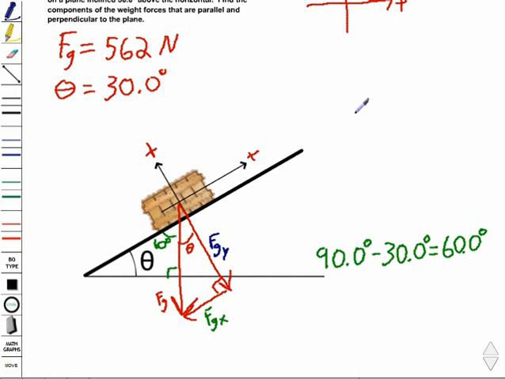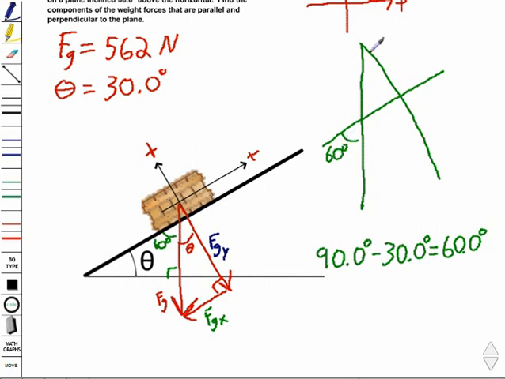Now if I draw a little larger version of what we're looking at, here's our 60 degree angle, and this is the weight F sub g in the y direction, or perpendicular direction.